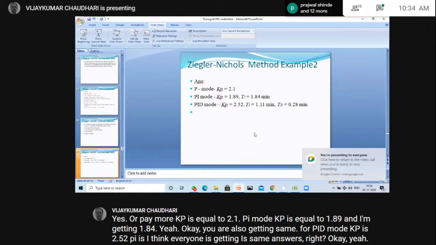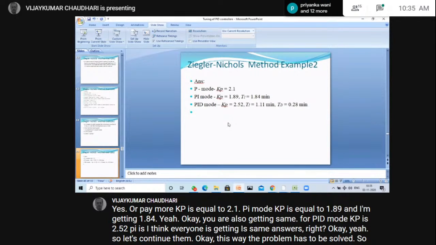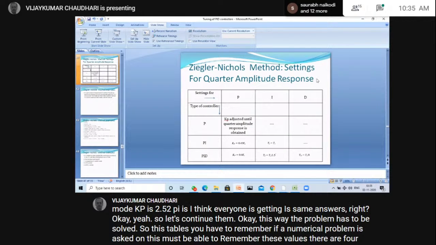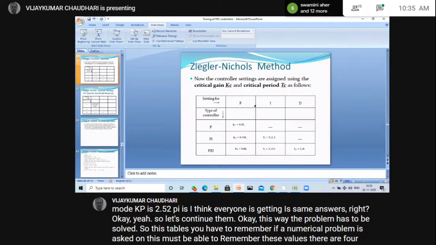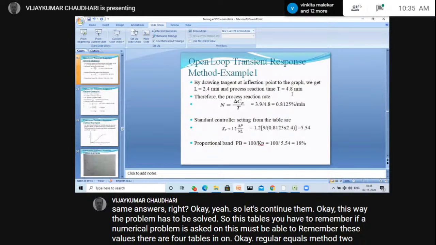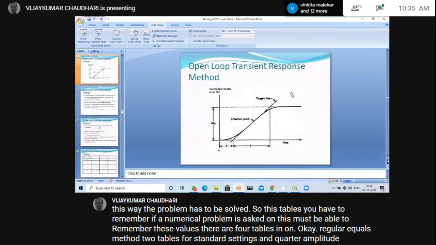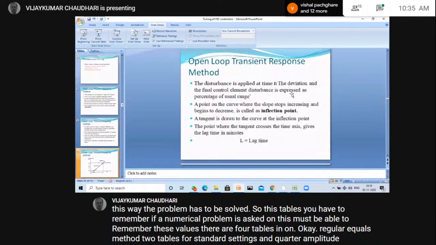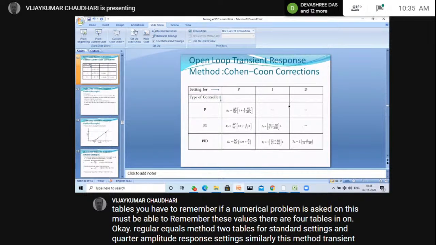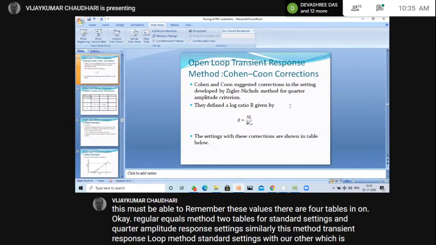This way the problem has to be solved. So these tables you have to remember. If a numerical problem is asked on this, you must be able to remember these values. There are 4 tables in all. Ziegler-Nichols method has 2 tables, for standard settings and quarter amplitude response settings. Similarly, the transient response loop method has quarter amplitude settings and standard settings.